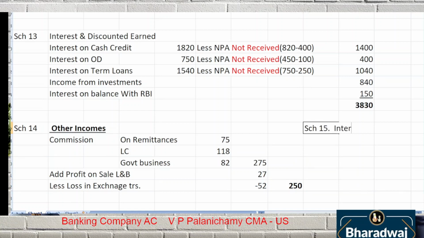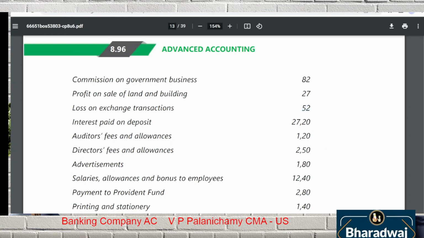Schedule 15, interest expended. On deposit, how much? You just record. What is the interest on deposit? 2720.